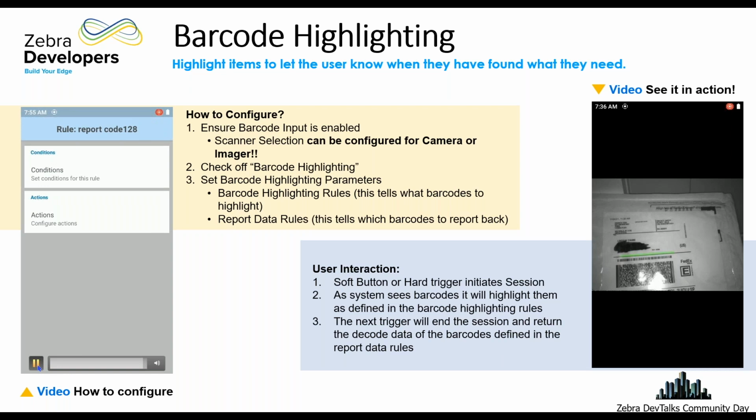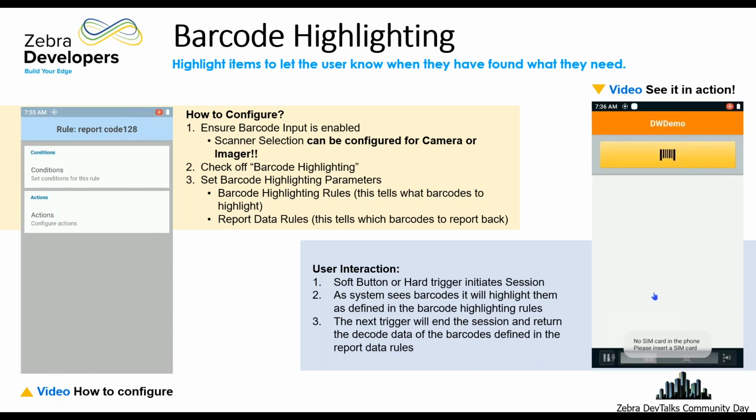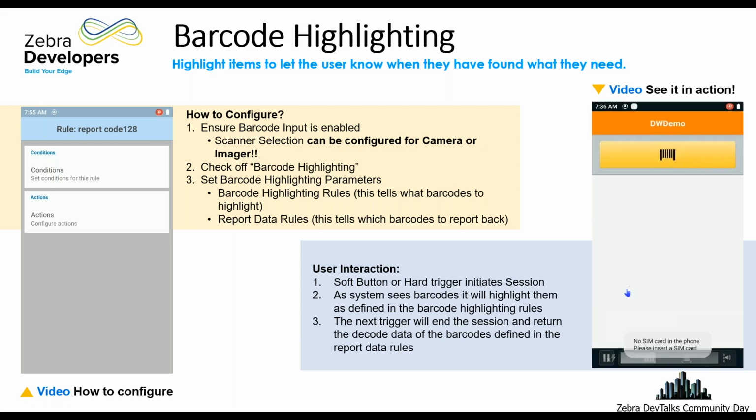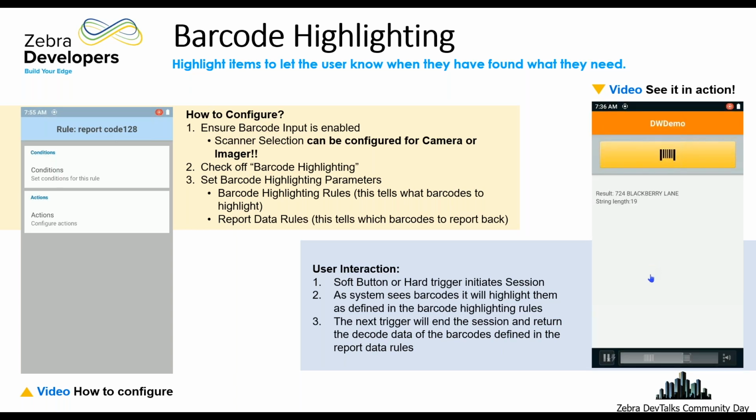So if you go into this video, you can see, when you focus, it will highlight the code 128 barcode with green and PDF 417 with red.